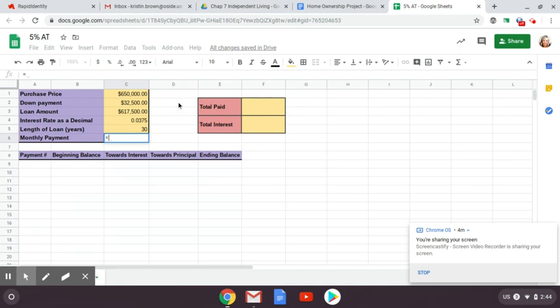But here I go. It is start parentheses, and I have C3 asterisk. The asterisk means multiplication. That's telling the computer to multiply. Start a new parentheses. C4 slash, the slash means division. So I'm dividing by 12. This, by the way, is that formula that we've done over and over.